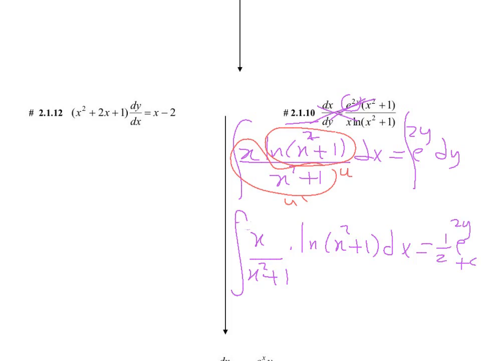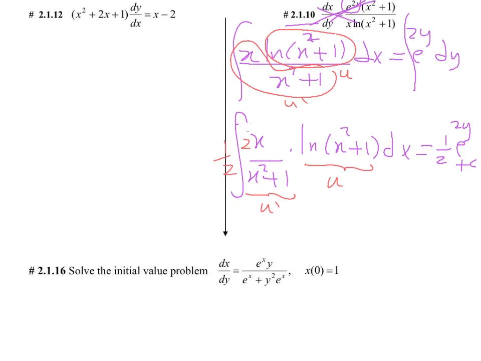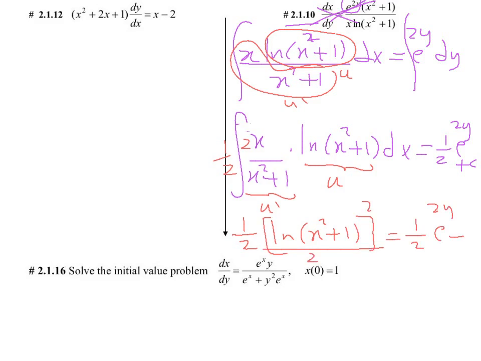Like we said before, this is u, this is u prime, but you need only a 2, so you have to divide by 2. So the integration will be 1 divided by 2 times ln of x squared plus 1 to the power 2, divided by 2, equal to 1 over 2 e to y plus c.